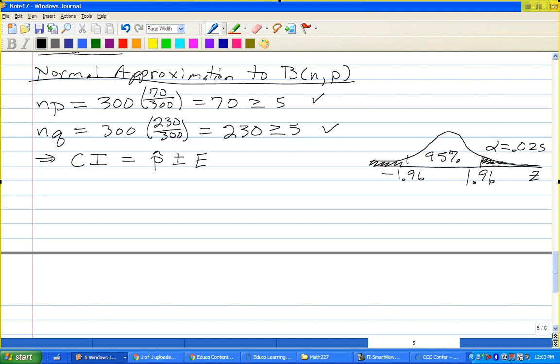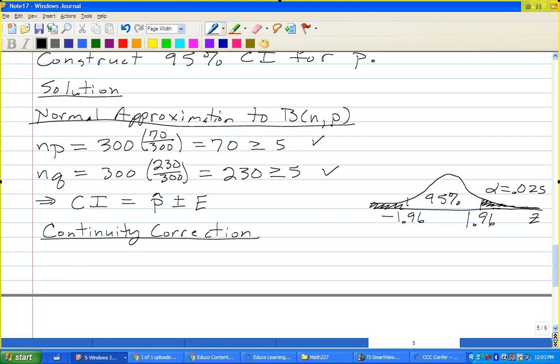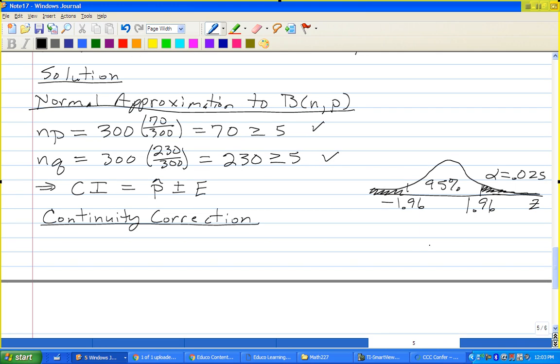Okay. Let me try to invoke continuity correction for you. Okay, so x was 70. But you won't know which side it is.